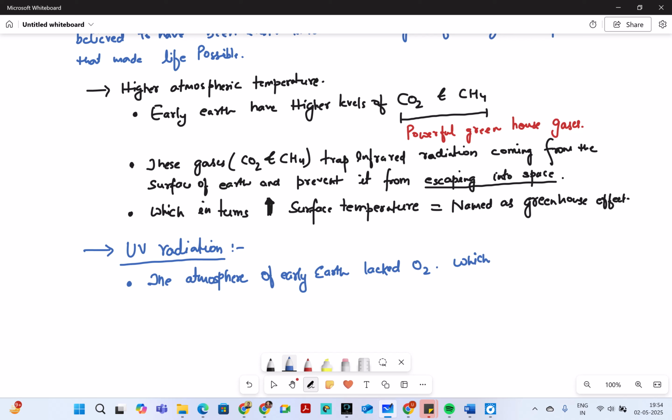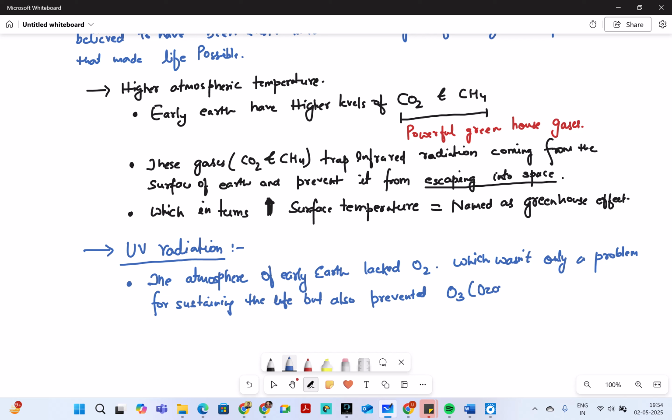Which wasn't only a problem for sustaining life, but also prevented ozone, O3, from forming.